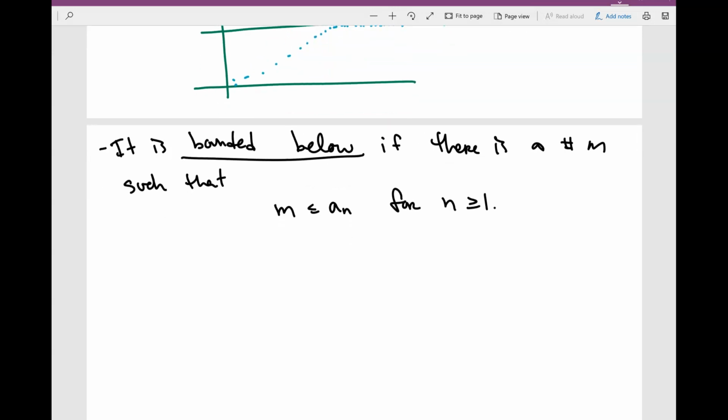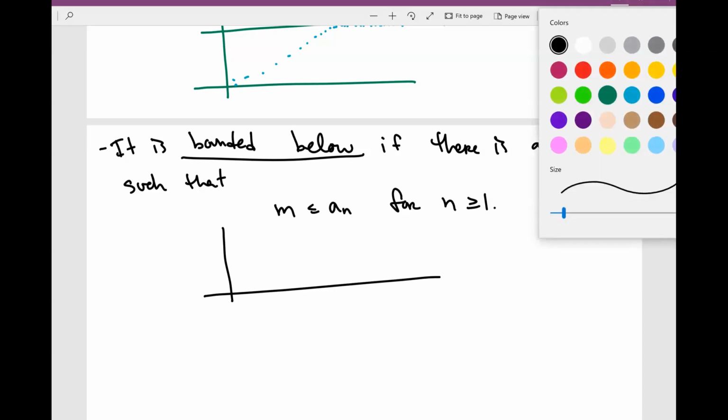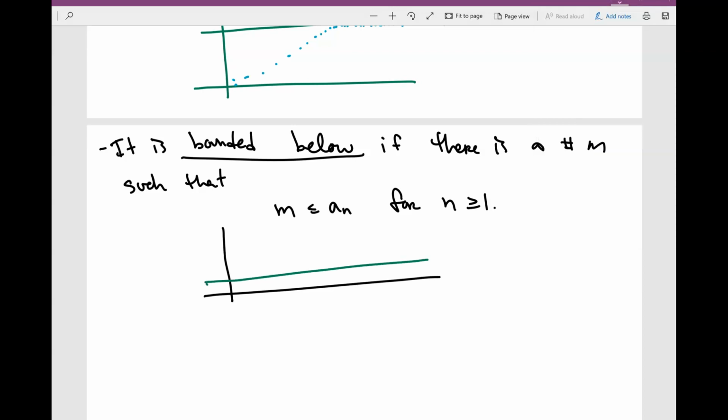Okay, so what this means is that if I have this number little m, so maybe little m is right here, and you have this particular sequence that I don't know what it might look like, then if it's bounded below, that means that m is much smaller than the sequence, but the sequence cannot go below this number. Then what we call it is bounded below. Okay, that's what that means.